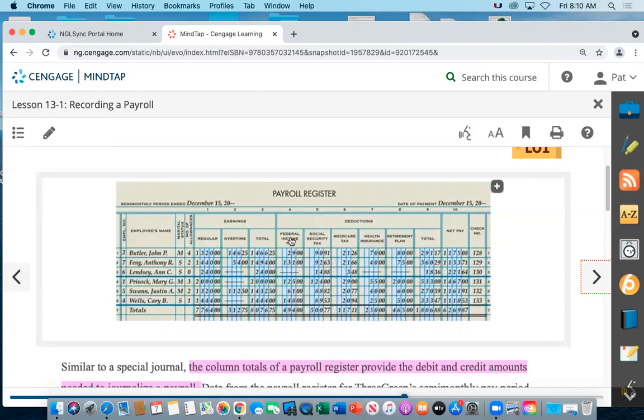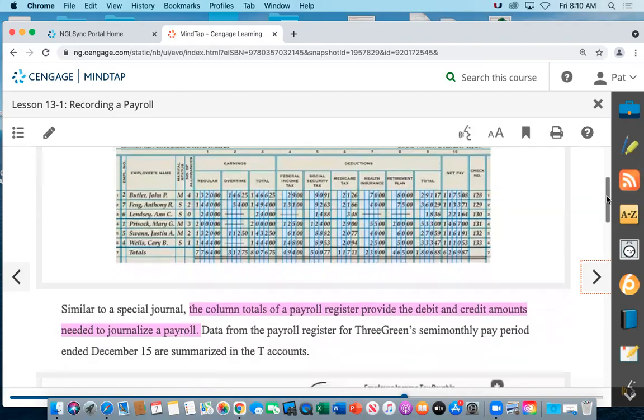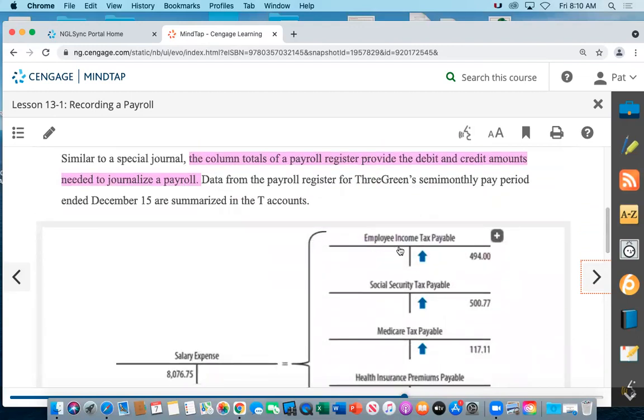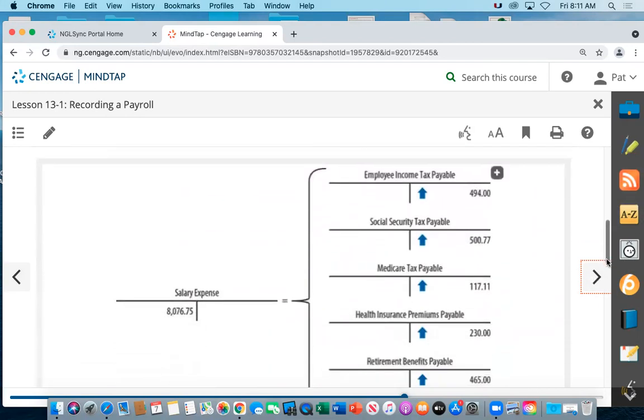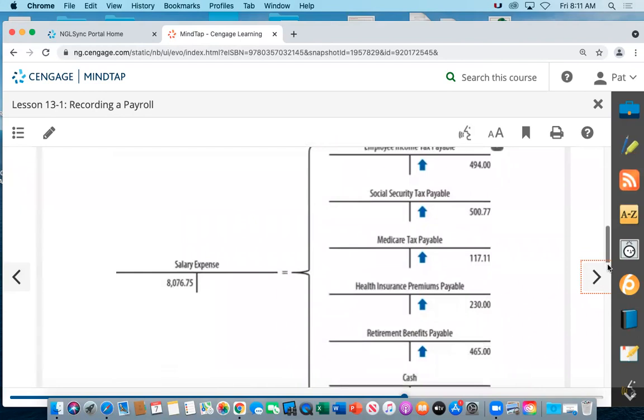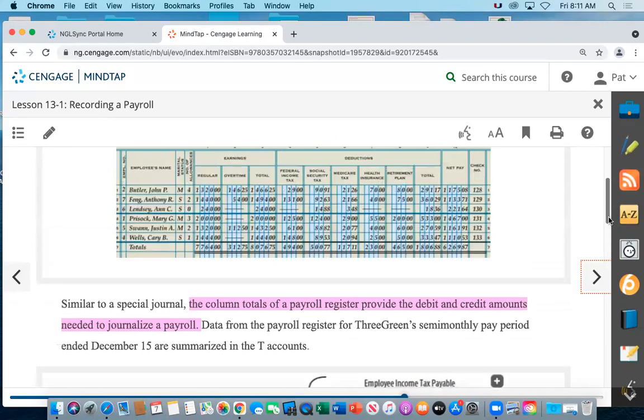So what we do is we call the federal income tax column the employee income tax payable. So then you can see 577, 117, 577, 117. So we just do Social Security tax payable, Medicare tax payable, health insurance payable, retirement benefits payable. And then all these added up equal our salary expense.